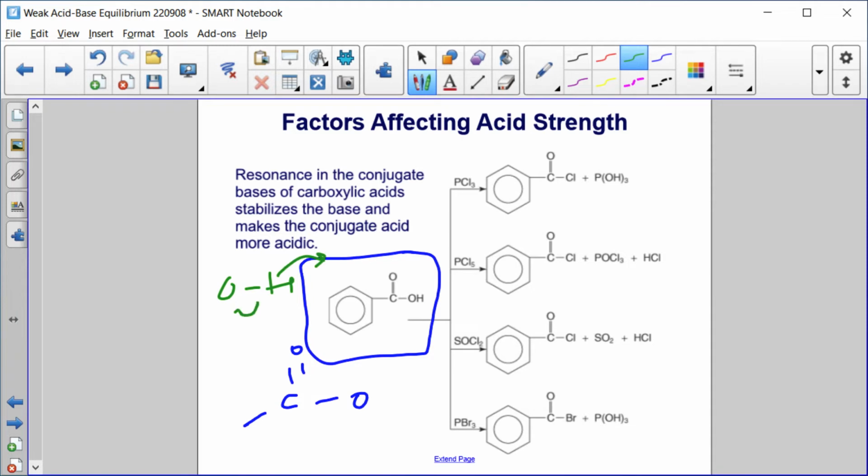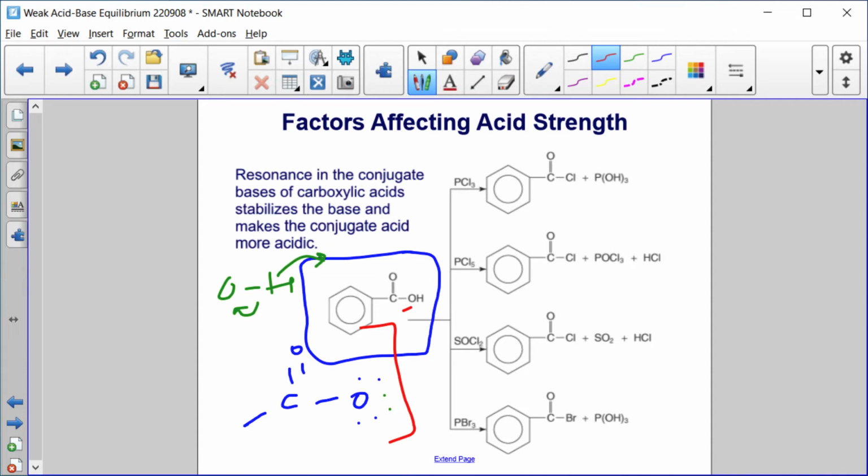So the oxygen has 1, 2, 3, 4, and then the 2 green ones. This conjugate base overall has a negative charge, okay?